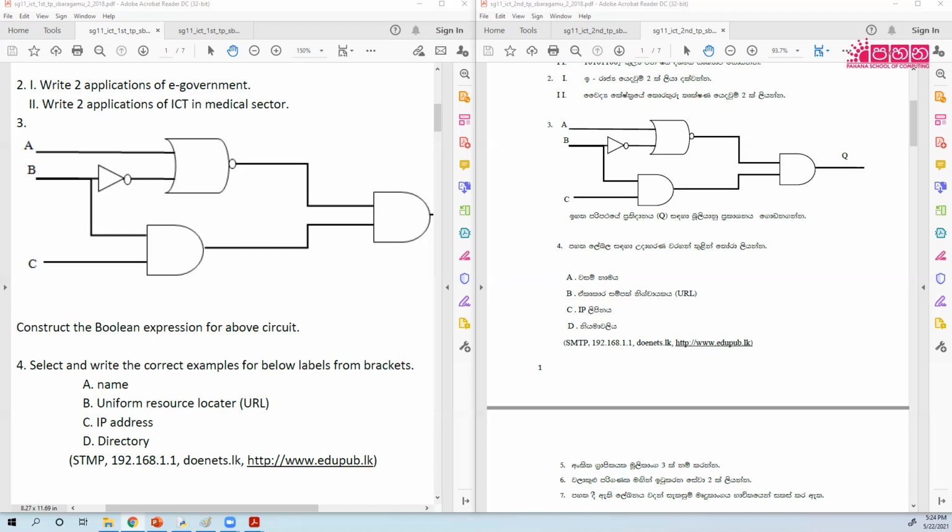So what services? Now I have seen some of you said government to citizens. It's not the correct answer. I need what are the applications for government to citizen? What applications are provided by the government to citizen?